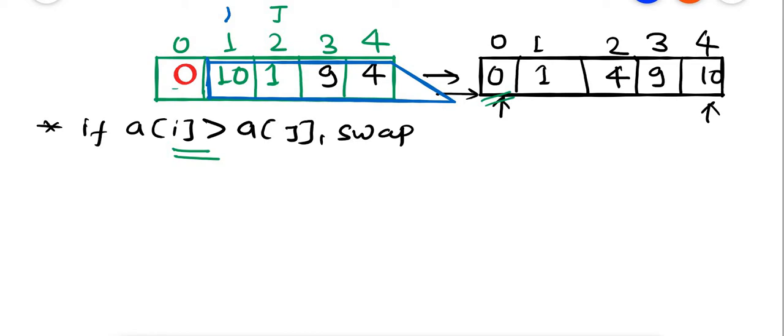Now you can see 10 is greater than 1. Obviously these need to be swapped, and we'll be writing 1 and then 10. Now after swapping, increment the index of j. Now we'll have j at this index.